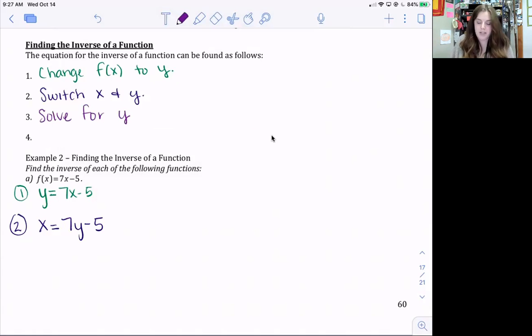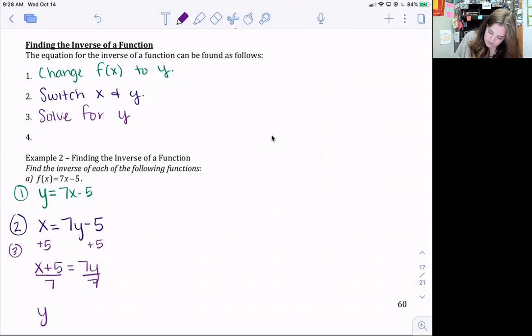If we want to get y by itself, we're going to need to add 5 to both sides. So x plus 5 equals 7y. And to get y by itself, divide by 7. So y equals (x plus 5) divided by 7.